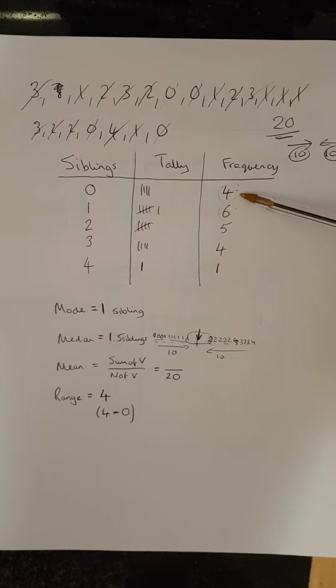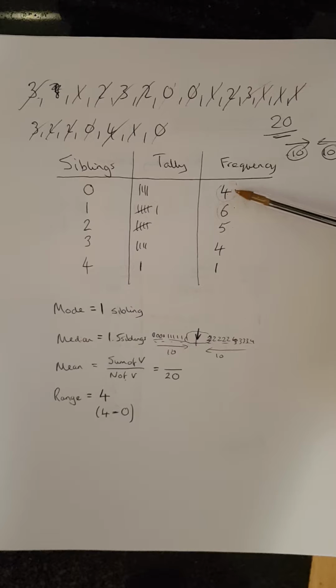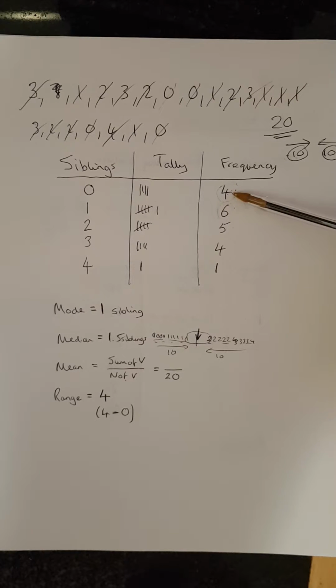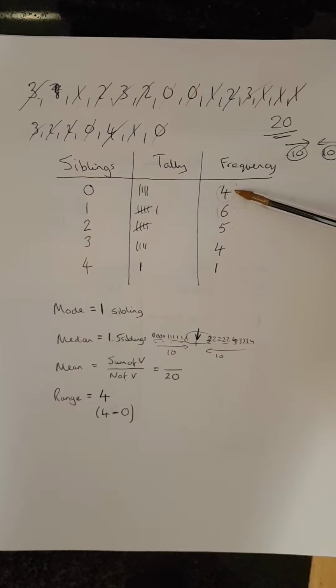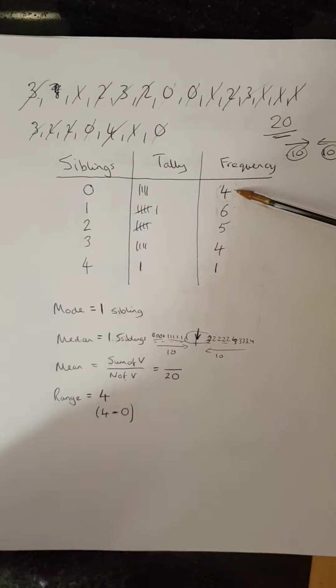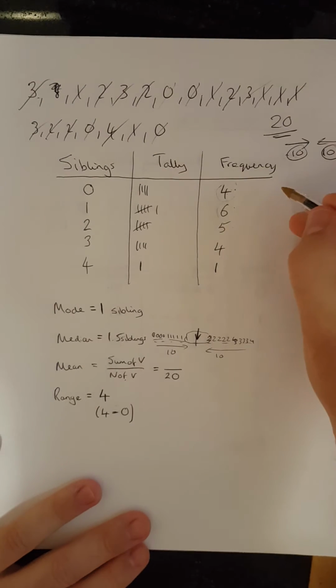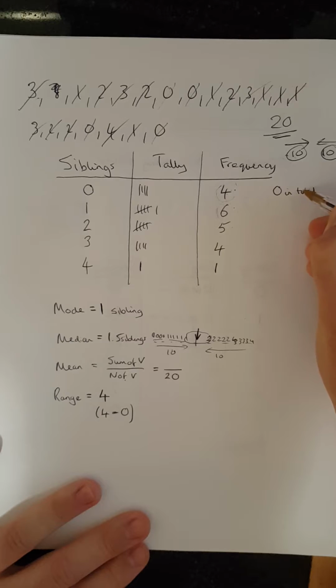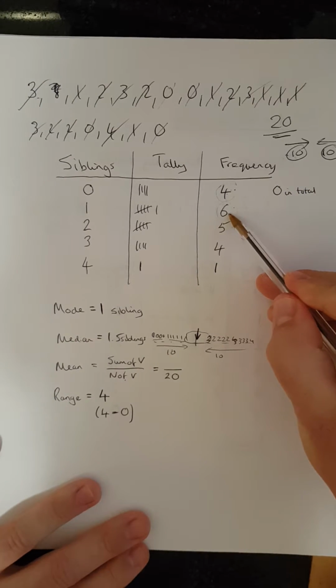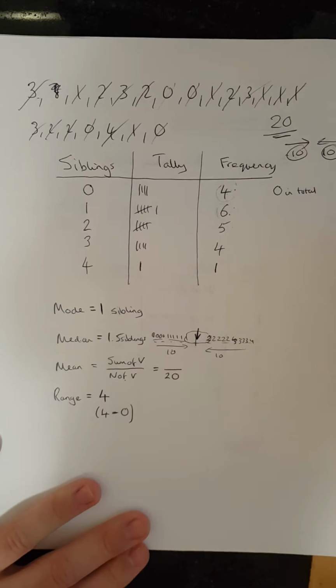So, these 4 people here, who each had 0 siblings, how many siblings do they have in total? That's right, they have none in total. These 6 people, who each have 1 sibling, how many do they have in total? That's good.